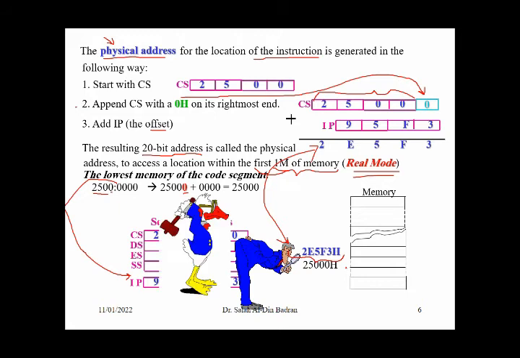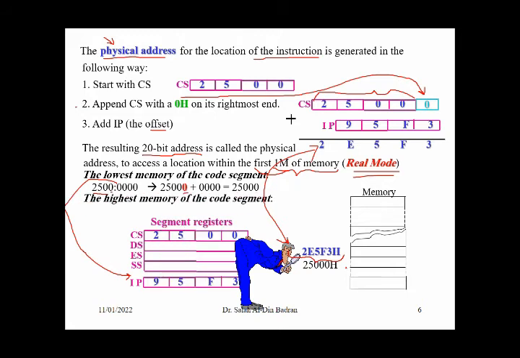But what about the highest memory of the code segment? For the highest one, we write the offset, the maximum one. Why did we start with 00 and end with 3Fs? Remember, this range from 00 to 4Fs is the 64 kilobytes that we explained in the previous slide.